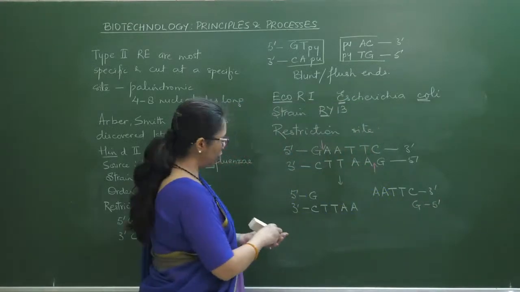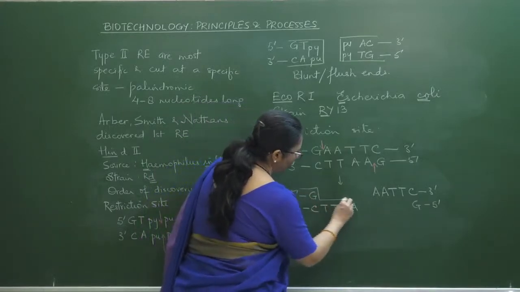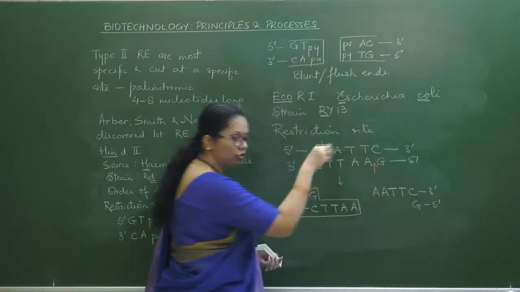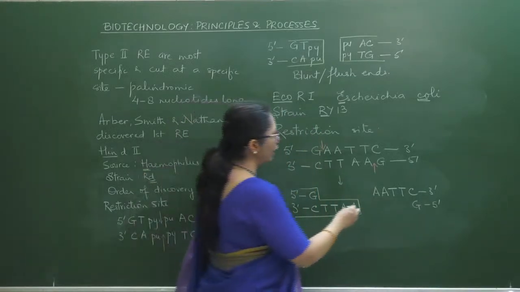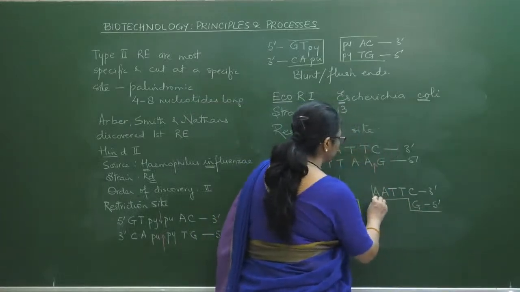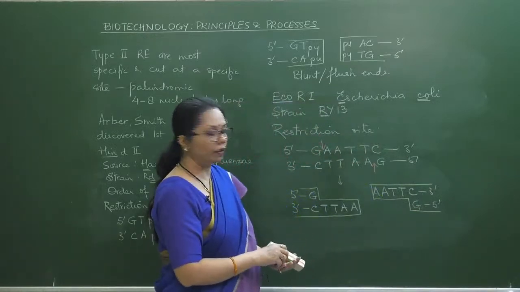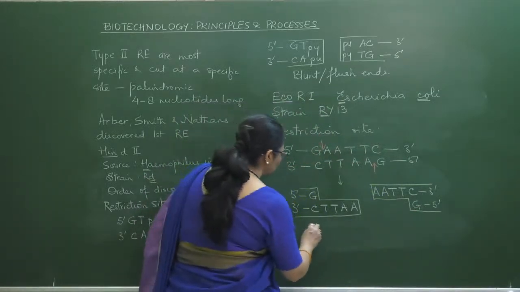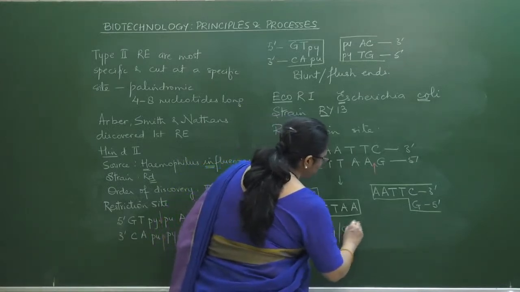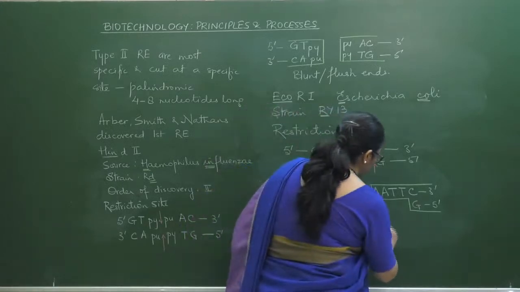So here you see there are 4 nucleotides which are unpaired. They are hanging. This is called an overhang. And here also you see the 4 nucleotides hanging. And this is what is called sticky ends, or cohesive, or staggered ends.